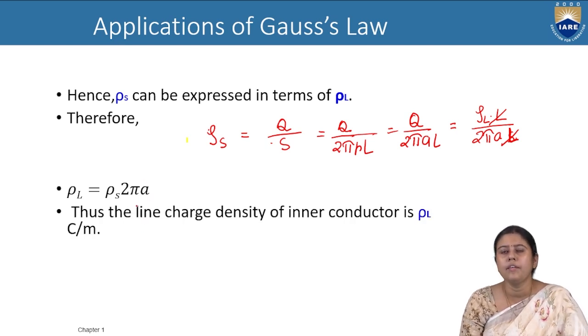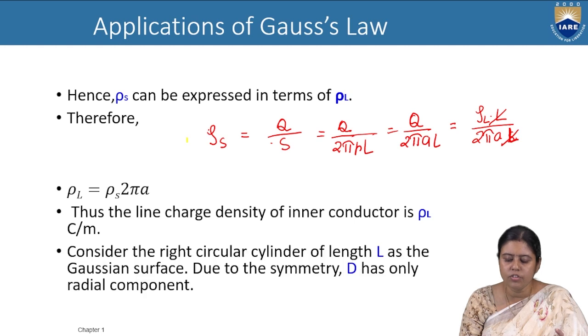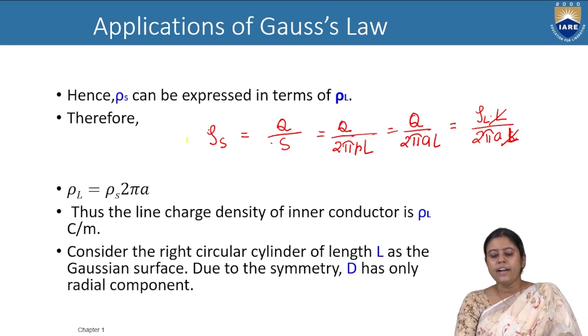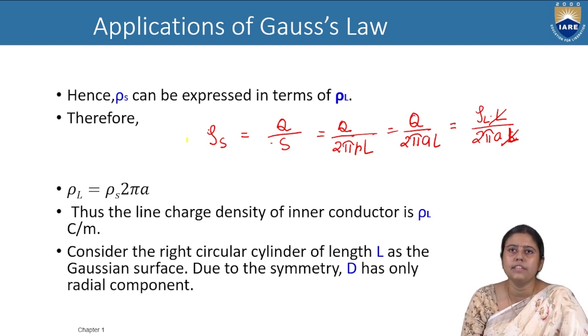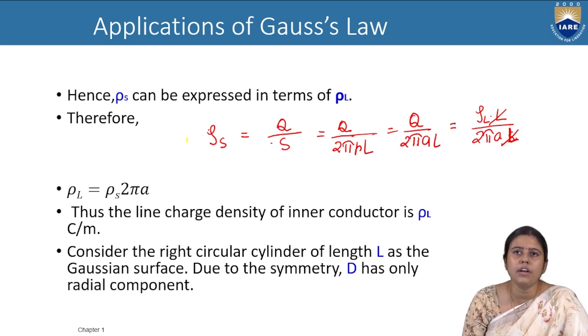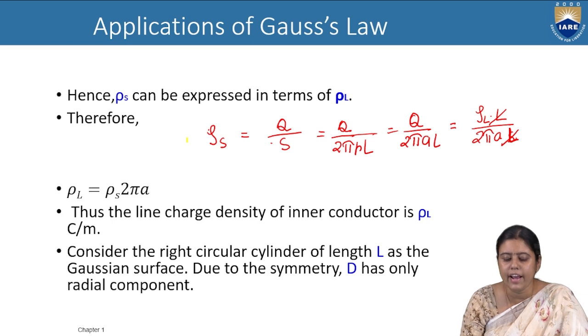Similarly, we are just imagining that this is a right circular cylinder of length L as the Gaussian surface, and due to the symmetry, D has only the radial component. There is no component along the Z axis.